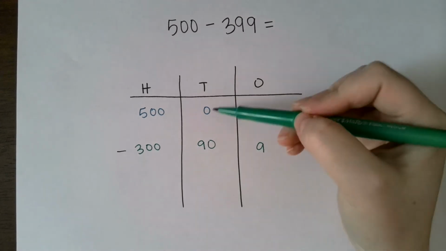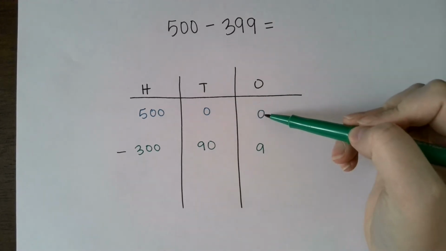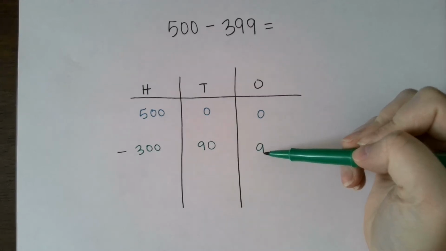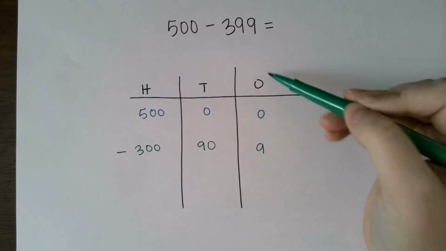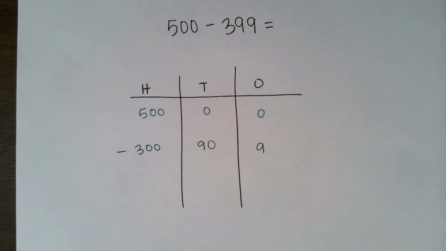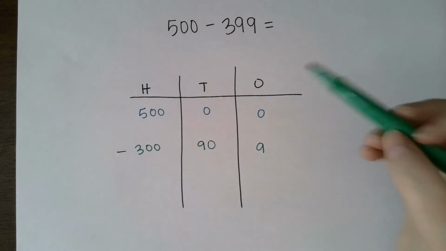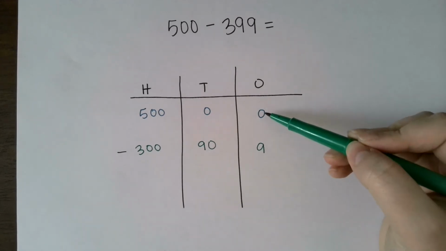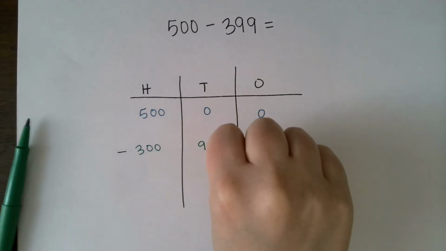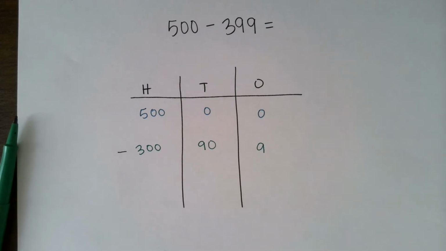So the way that we have this set up, we need to be taking away 9 1s from 0 1s. Remember, we always start with the ones place when we are subtracting. I cannot take away 9 from 0.